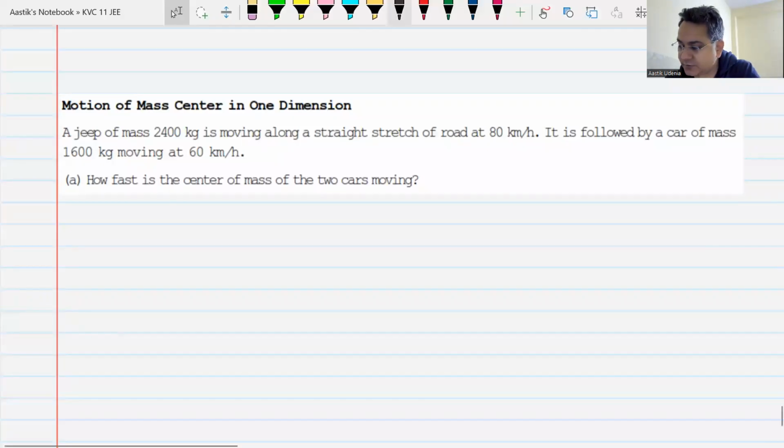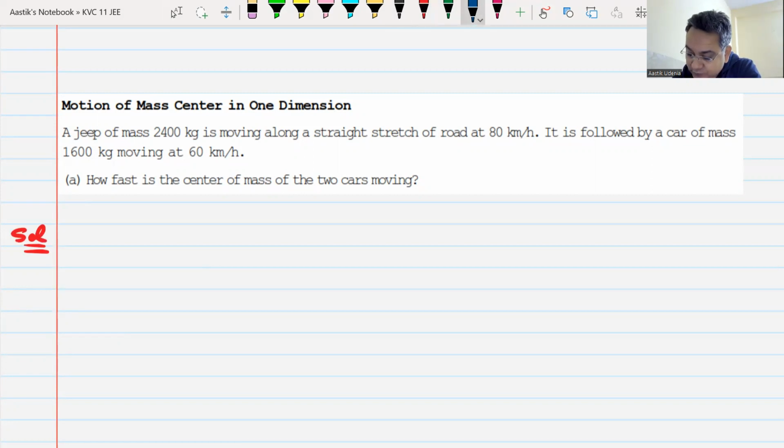So how are we supposed to find this? Oops. How are we supposed to find this? We just have to find the velocity of the center of mass.